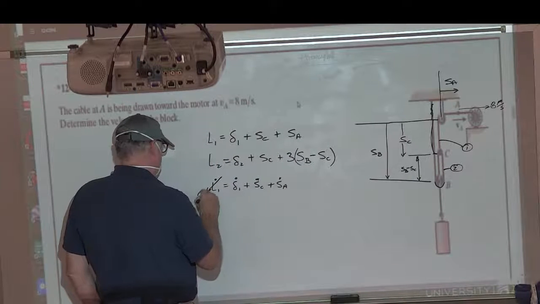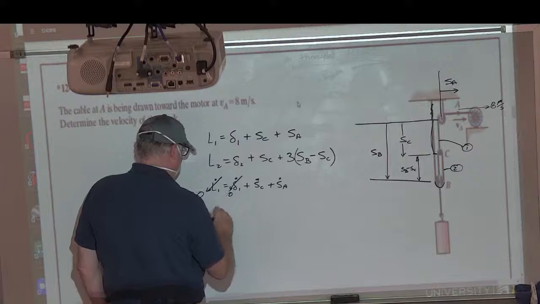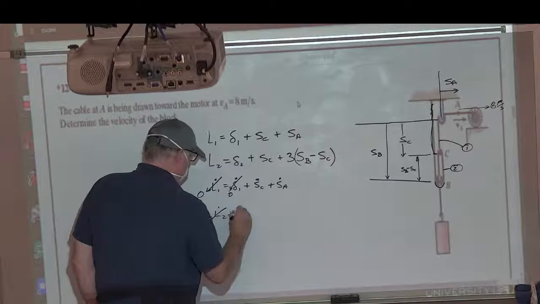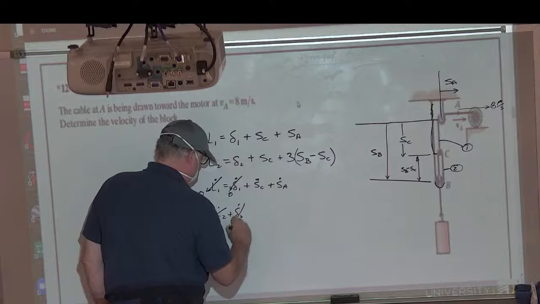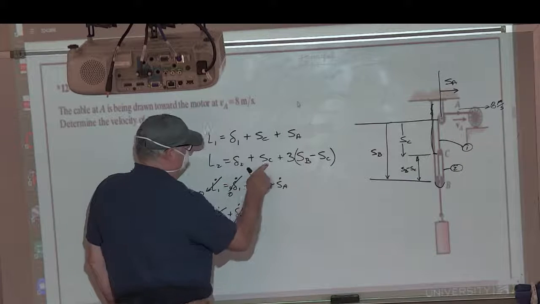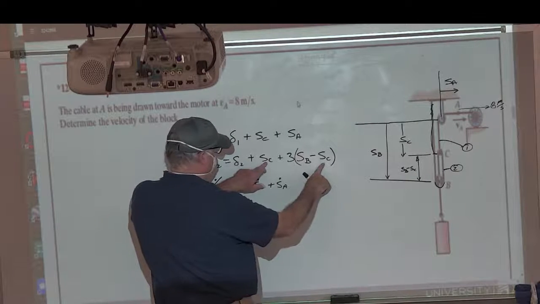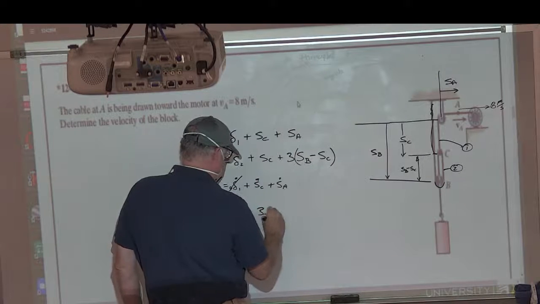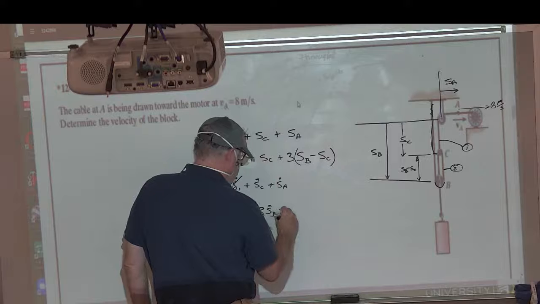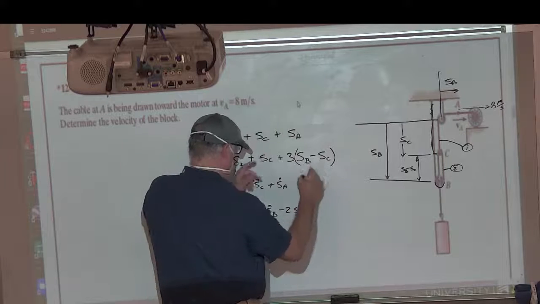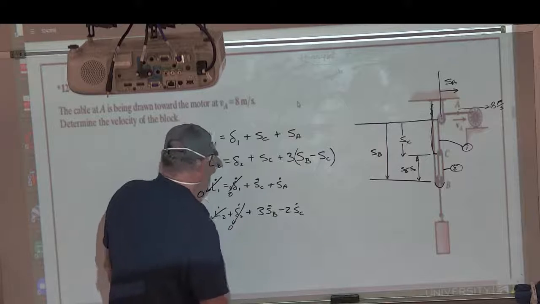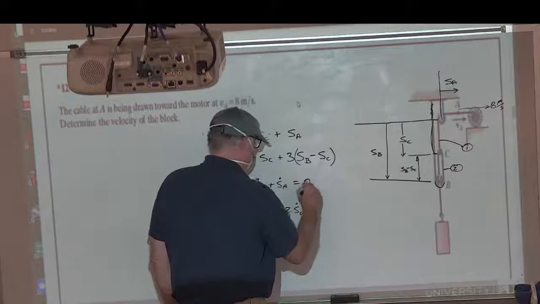That's 0, that's 0, L2 dot is 0, plus delta 2 dot is 0, plus, I'm going to go ahead and combine this with this one. There's 3 of them here, there's 1 of them there. 3 SB dot minus 2 SC dot equals 0.